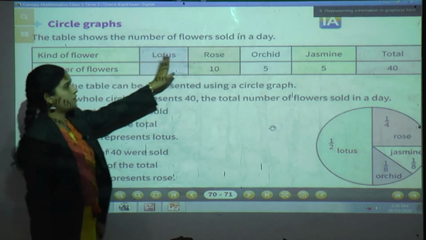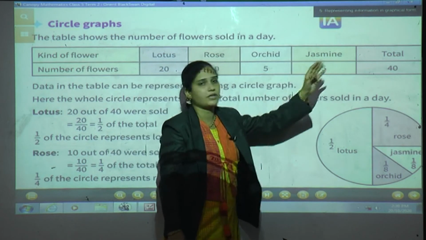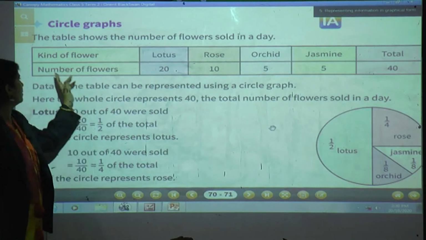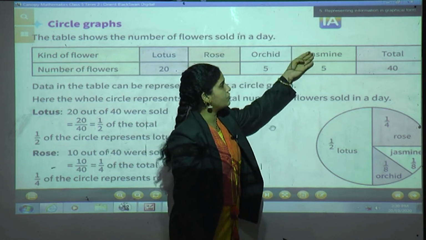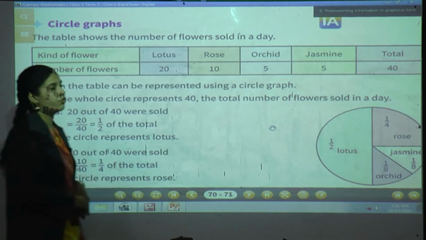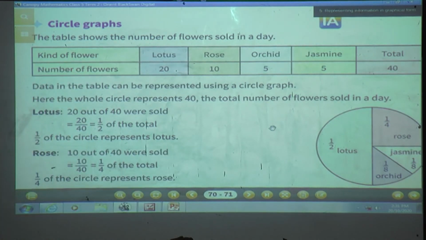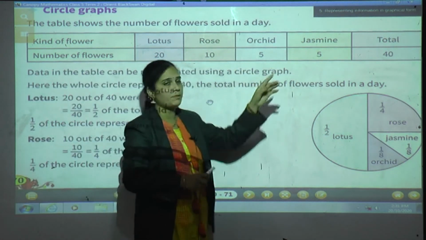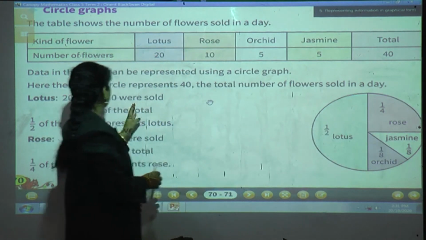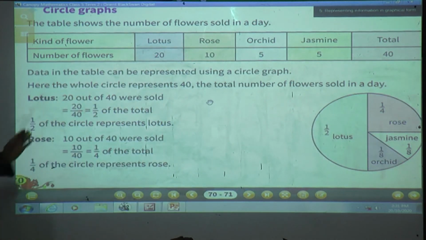Here lotus, rose, orchid, jasmine and total, and the number of flowers are 20 lotus, 10 roses, 5 orchids, 5 jasmines, and the total is equal to 40. Now data in the table can be represented using a circle graph. Here the whole circle represents 40. That means the total number of flowers sold in a day is equal to 40.